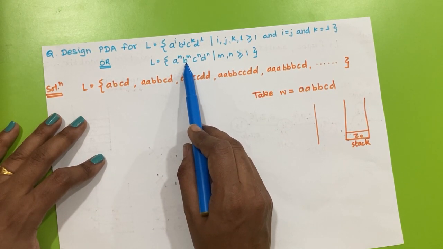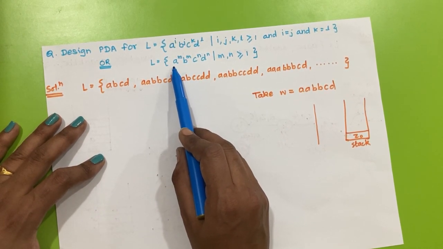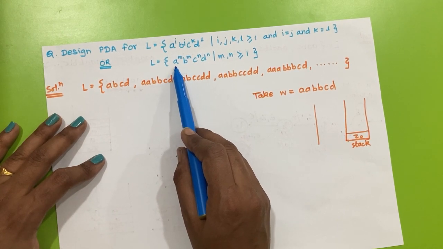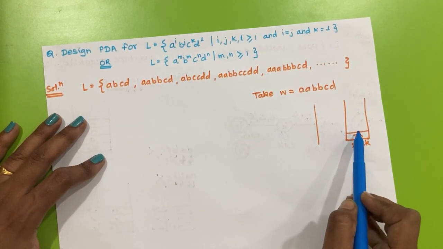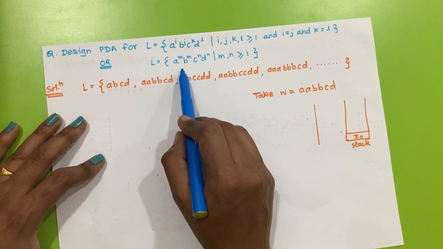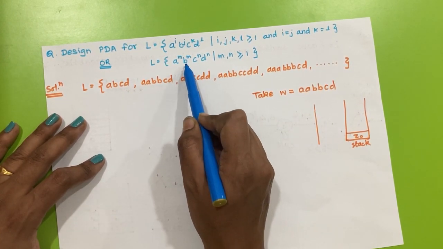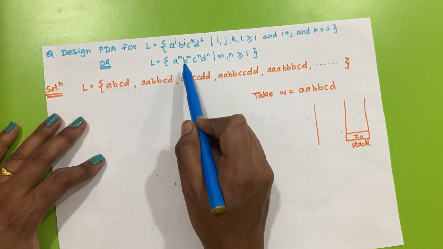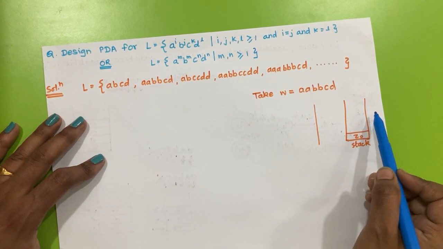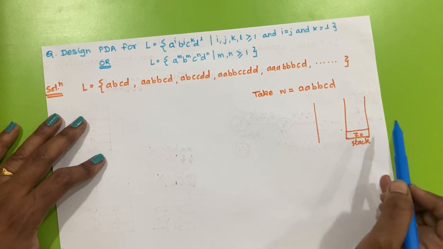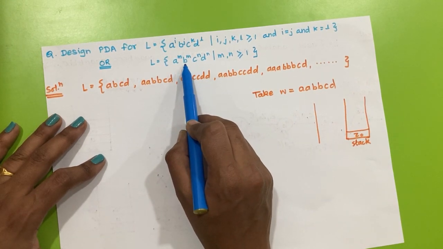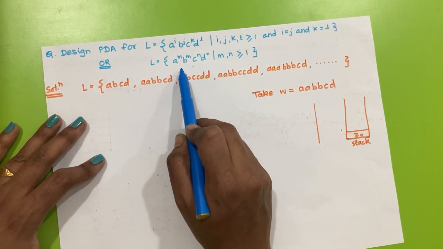Whenever we encounter first all A's, then we will push onto stack. So all A's will get pushed onto stack. When we encounter first B, for each B we have to pop the stack. So all A's will get popped for all B's read.